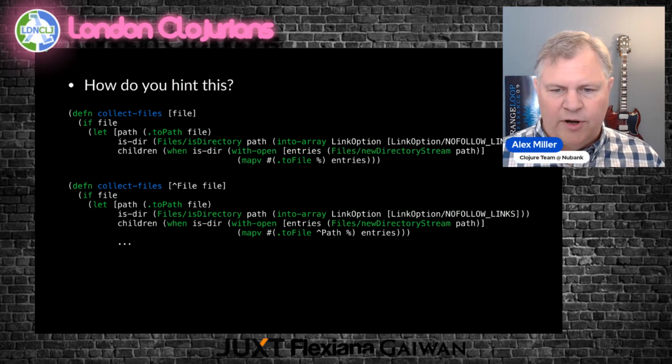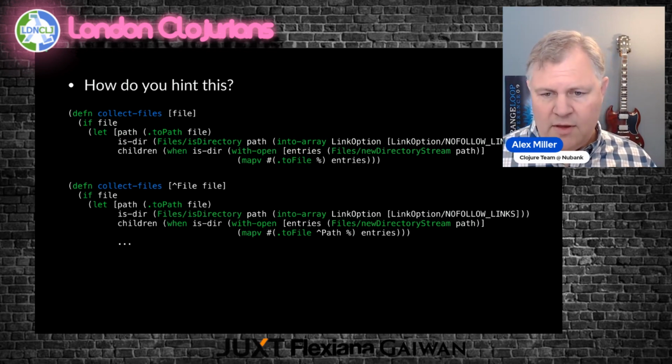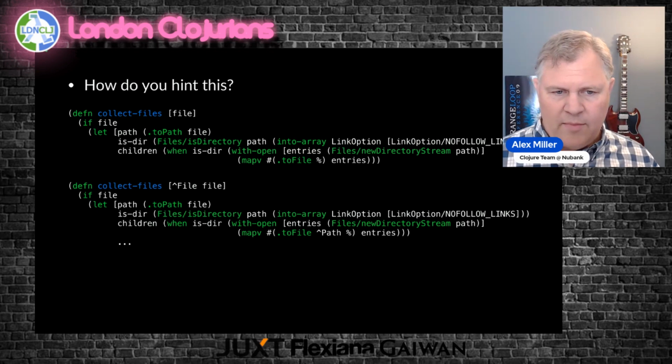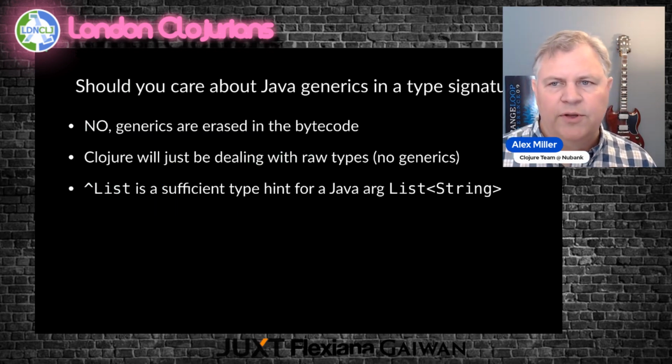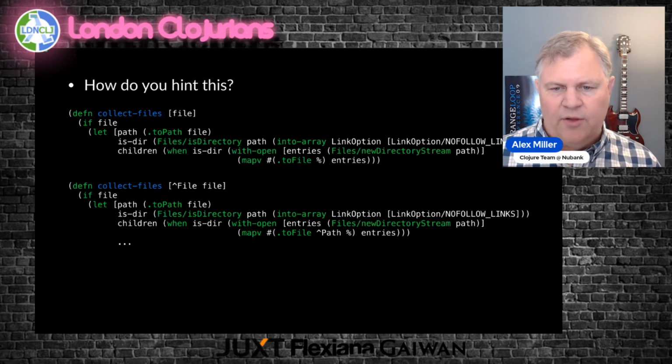And so we're going to need to add a type hint there to recover the type of the thing that is inside entries. That inference is not flowing through here. So I added two type hints, and that should be sufficient to work through all the reflective possibilities inside this method.